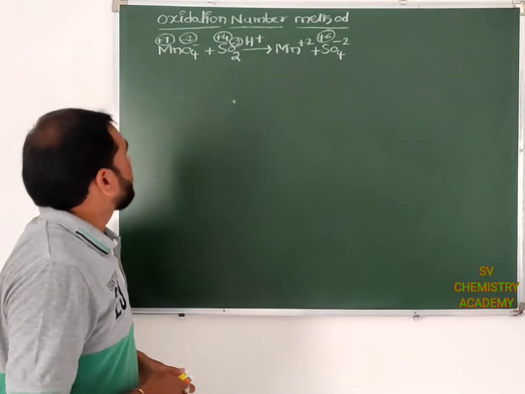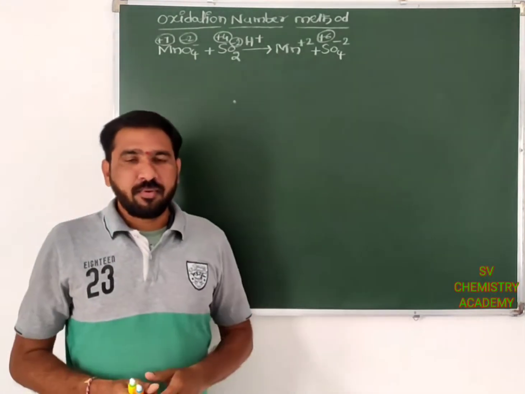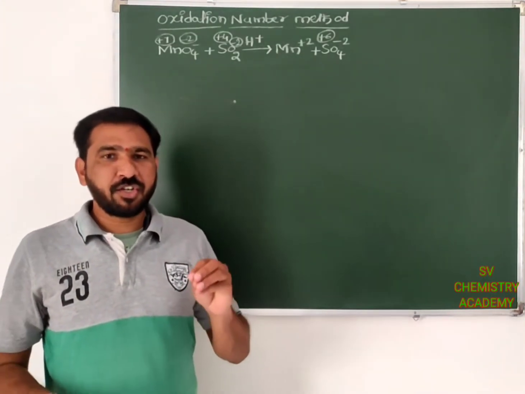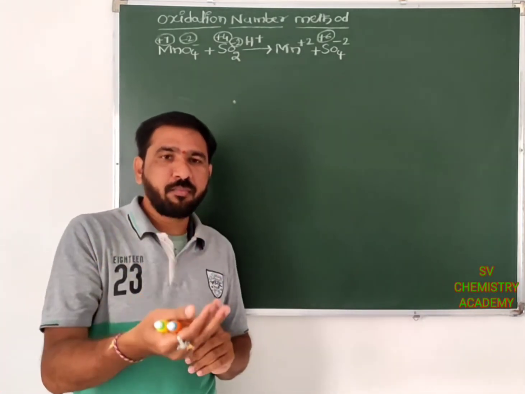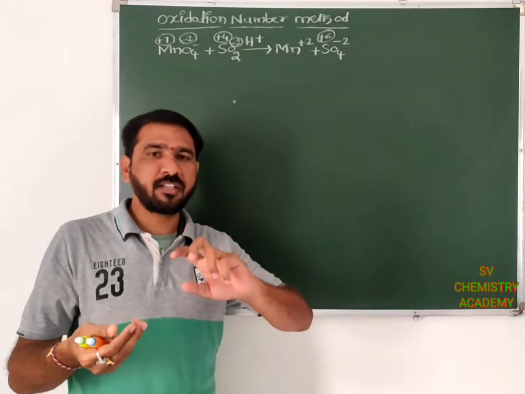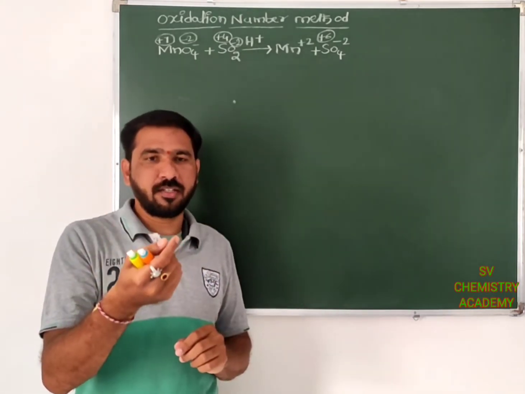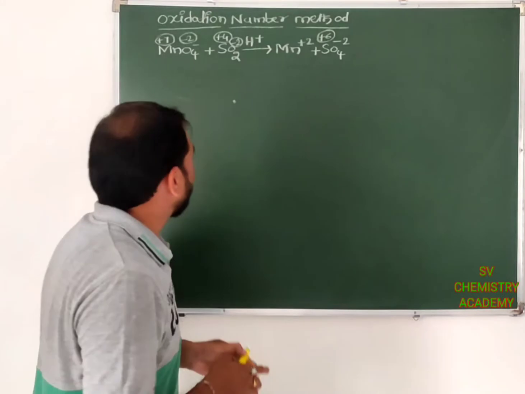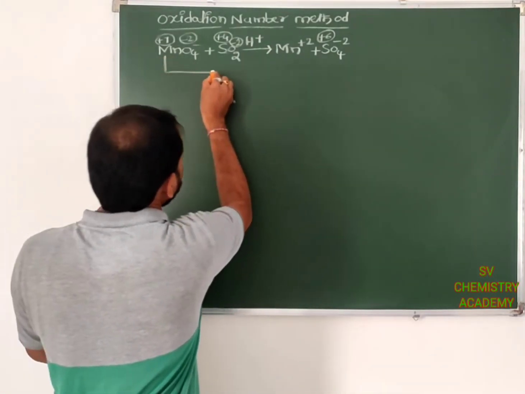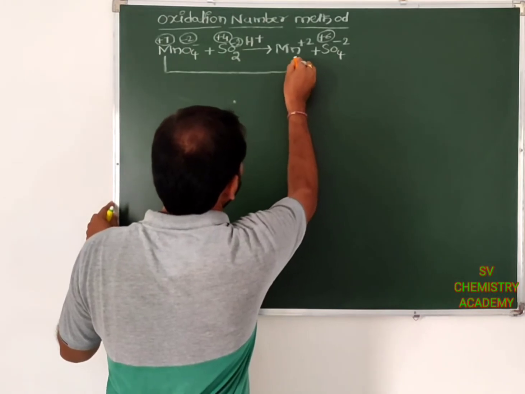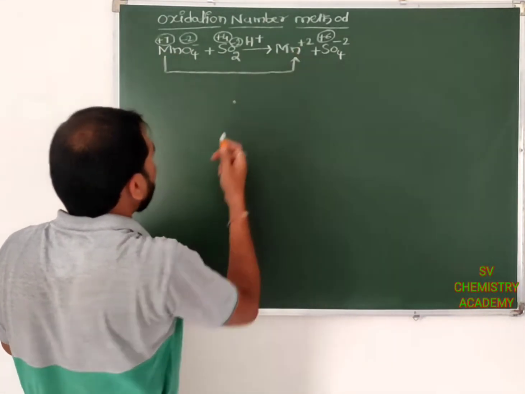Right? Then second step: identification of oxidation part, reduction part, oxidizing agent and reducing agent. This is the second step. On the left side, manganese oxidation state is converted from plus 7 to plus 2.